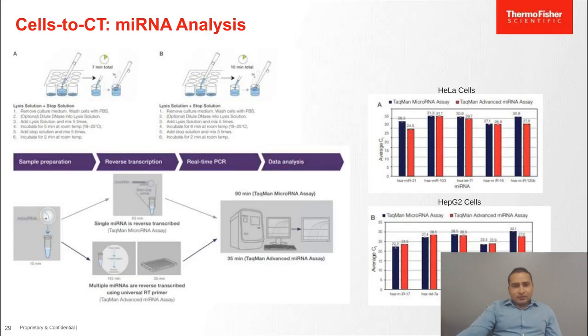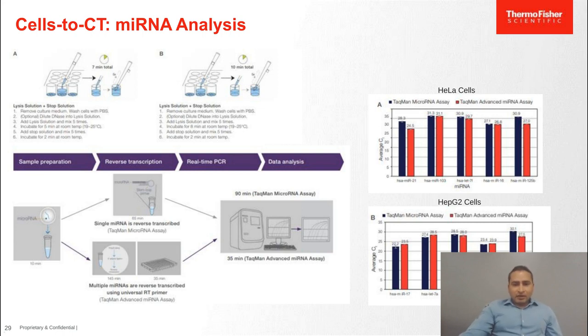Next, I'll briefly talk about the microRNA analysis using our cells-to-CT kit. This may also be relevant to some of our audience on the call today. MicroRNAs are small non-coding RNA molecules that play major roles in post-transcriptional regulation of gene expression. There is always an interest in microRNAs in research because of their association with cancer.